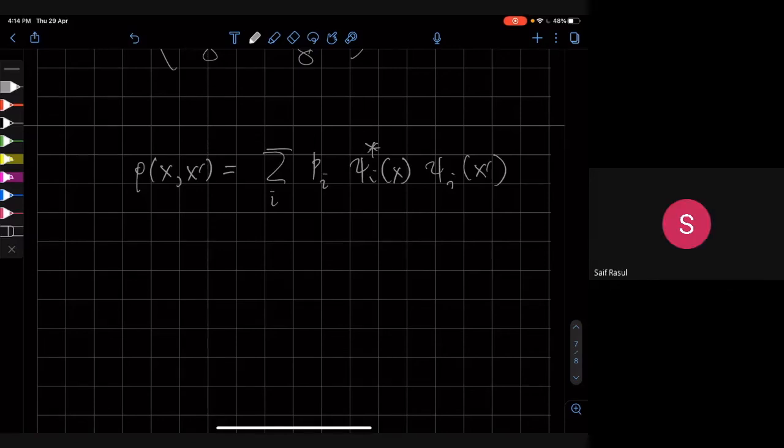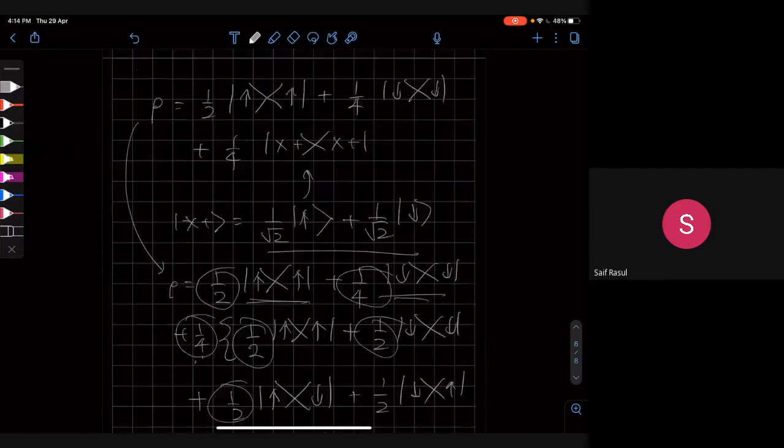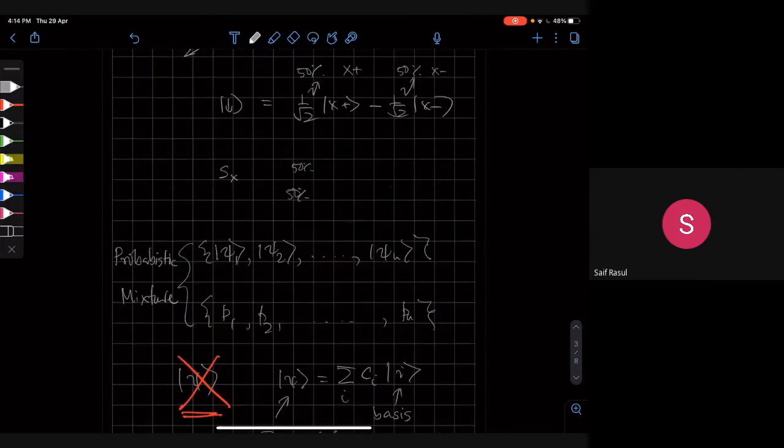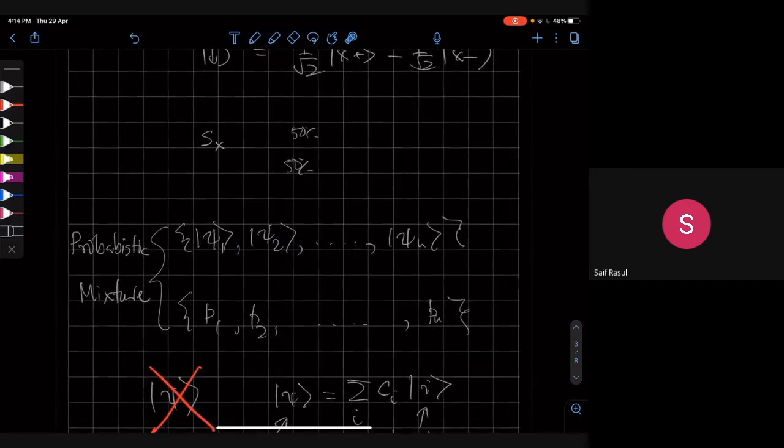What's the difference between being in a superposition of states and being in a density matrix of states? Right. That's exactly what this example was about. In a density matrix, it's a probability mixture, whereas in a superposition, you are essentially changing the basis in which you're looking at a state in your Hilbert space.